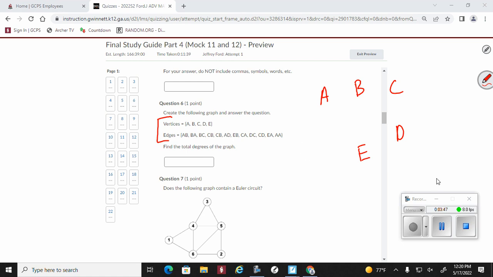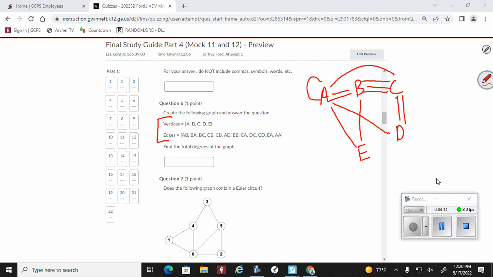So A, B, B, A, B, C, C, B, another C, B, another A, or an AD. EB is right there. CA. Okay, we've got to loop that one. I did not put that one right. All right, DC, CD, EA, and lastly, double A.